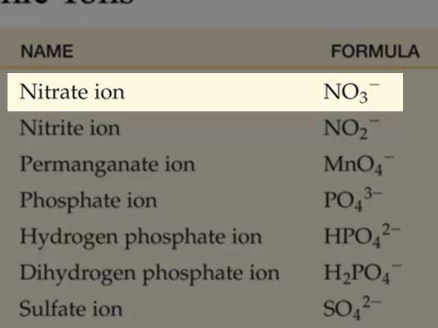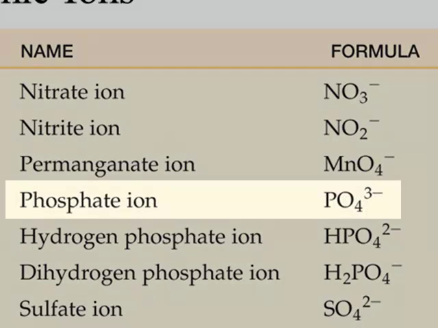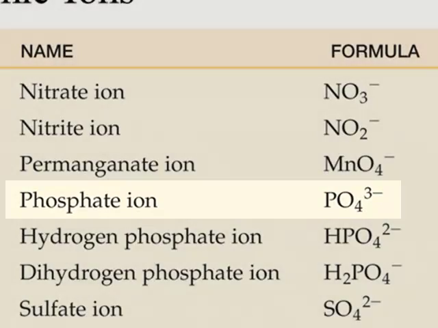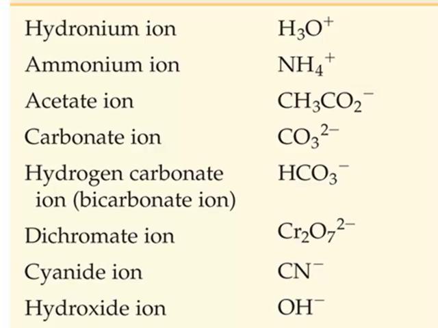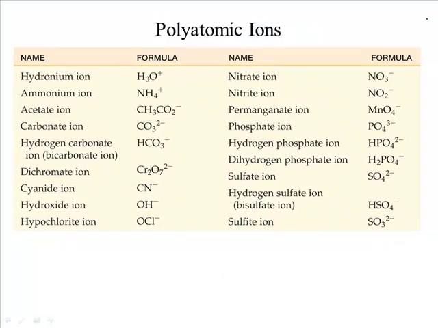Nitrate is a polyatomic ion that consists of 1 nitrogen and 3 oxygen atoms. It has a charge of -1. You may also have heard of phosphate, which has the chemical formula of 1 phosphorus and 4 oxygen atoms with a 3- charge. The bicarbonate ion, HCO3-, is also very common and important in the health sciences. You're not required to memorize these polyatomic ions, but you'll probably start to recognize the names of many of them.